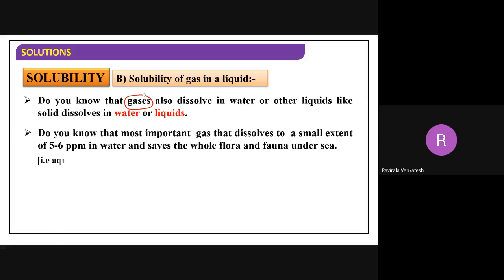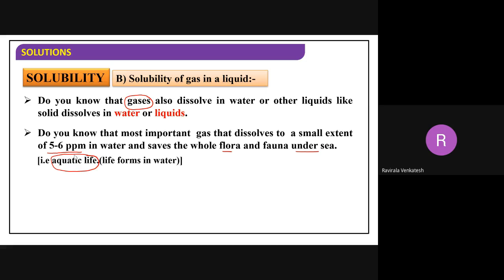Let me discuss about this one. Do you know that the most important gas that dissolves to a small extent, only 5 to 6 ppm in water, saves the whole flora and fauna under the sea? The aquatic life is sustained by oxygen present in water.